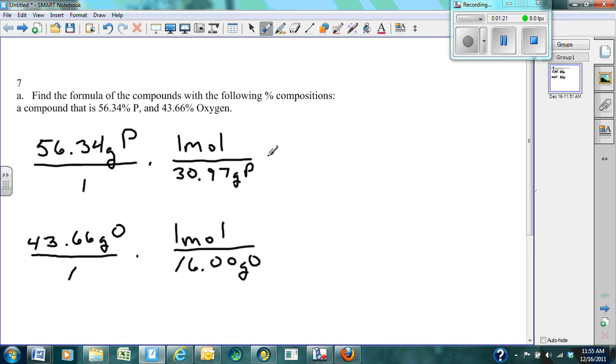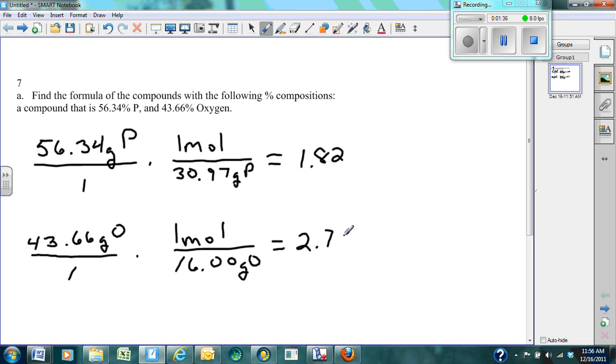So each of these turns into a division, and when I calculate my answer, I'm going to get 1.82 for the phosphorus and 2.73 for the oxygen.